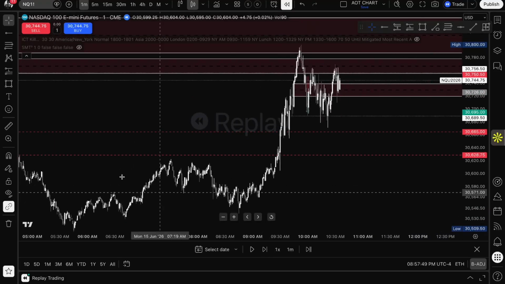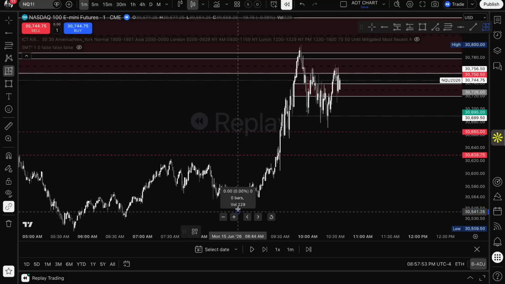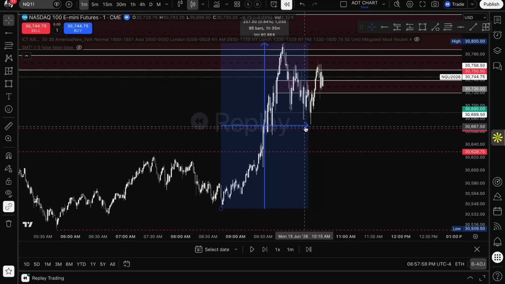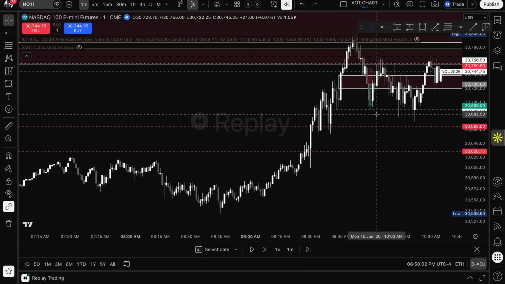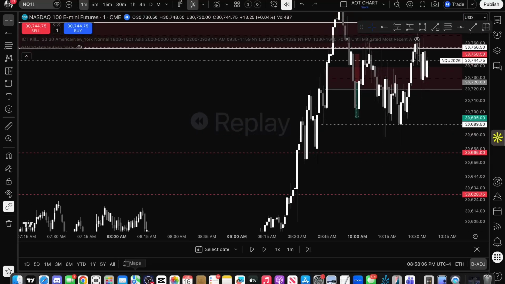We've been running. We ran up almost 300 points without a pullback. So we are due for a pullback, and I just waited for the signatures to show me that we wanted it to go lower. That's how I took that trade.